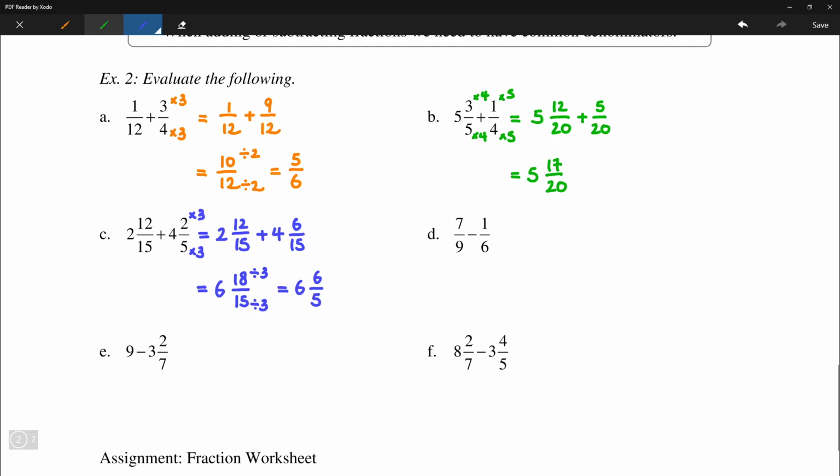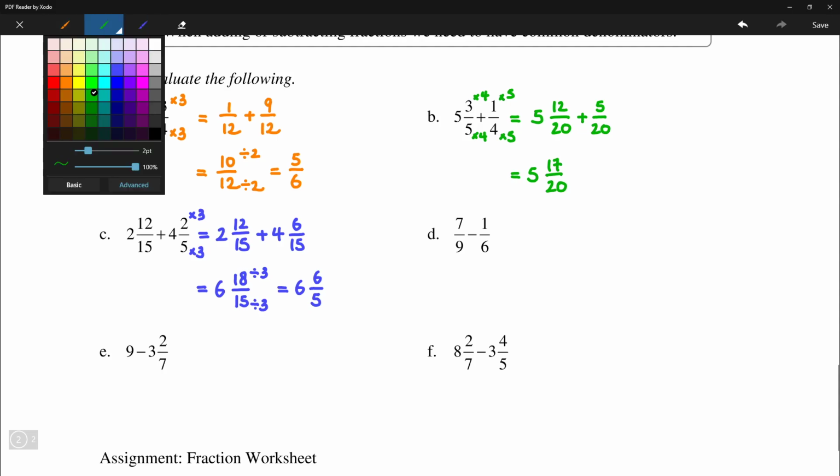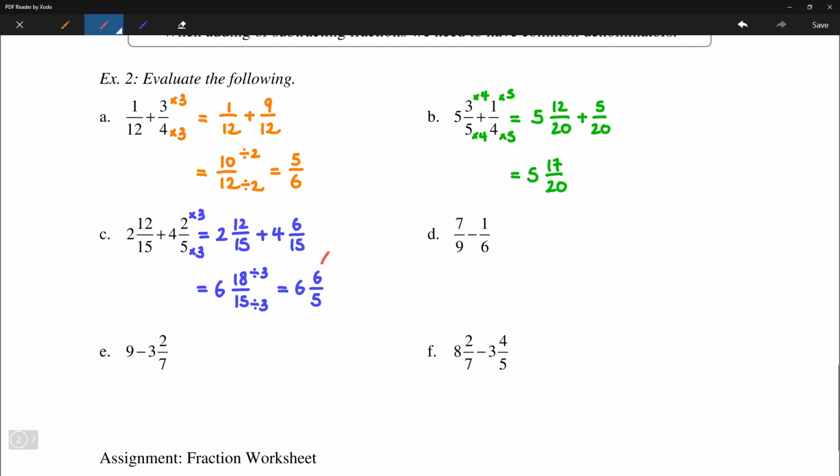Okay, and the idea here is that 6 over 5 is equal to 1 and 1/5. Okay, so we have 6 plus 1, which makes 7, and then still the 1/5. Okay, moving on.